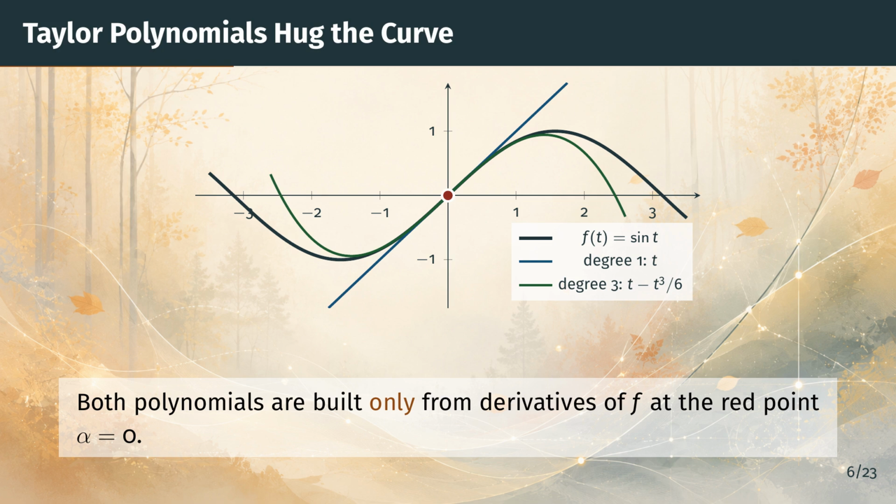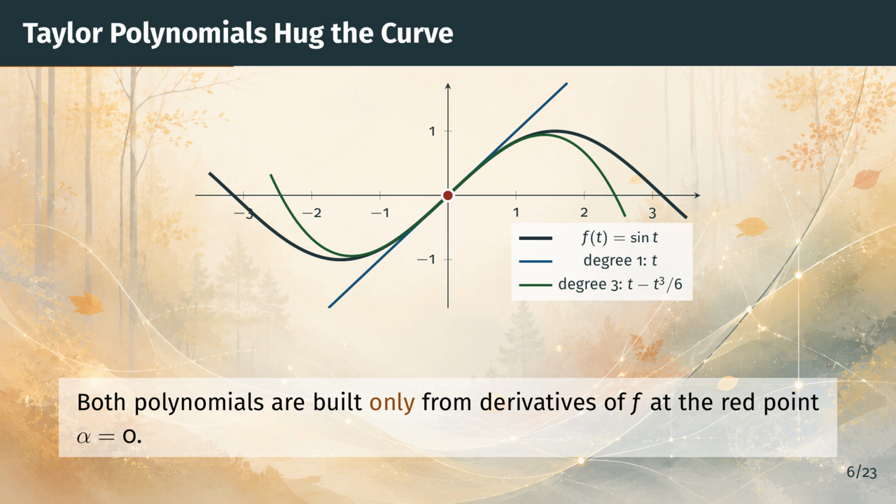Here is the phenomenon in a picture. The dark teal curve is the sine function, which we take for granted as in example 5.6. Its rigorous treatment comes in Chapter 8. The red dot marks the point alpha equals 0, where we collect our information. The blue straight line is the degree 1 approximation, the tangent line, t itself. It hugs the curve near 0, but peels away quickly.